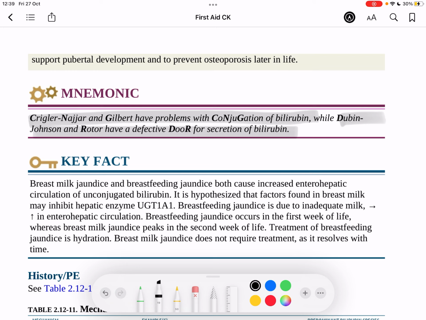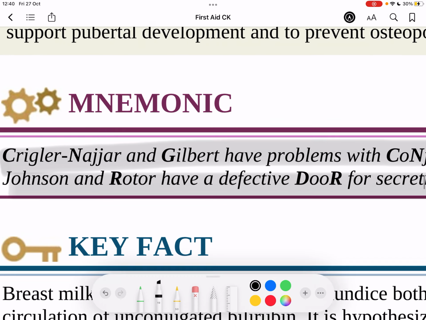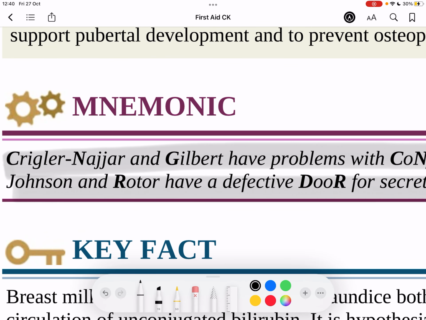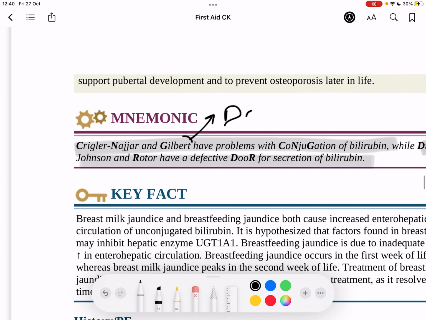But Crigler-Najjar is the most severe type. This is usually due to a heavily defective conjugating enzyme, whereas Gilbert syndrome is usually seen in adults, okay? And this is just a downregulation of the UGT1A1 enzyme.